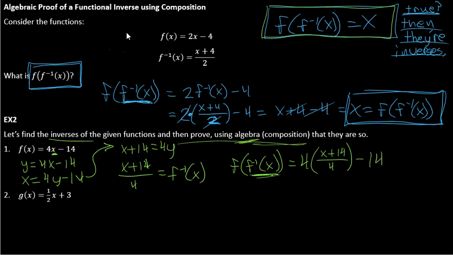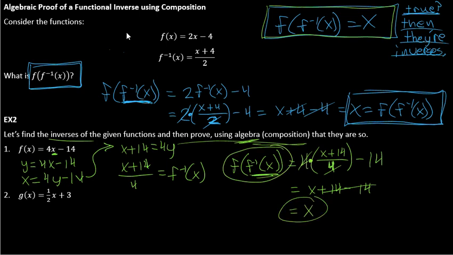The 4 being multiplied and the 4 being divided by are inverses, so those cancel. That's going to leave me with x plus 14 minus 14. 14 minus 14 will give me 0. And guess what? There's my proof that this and this are inverses.